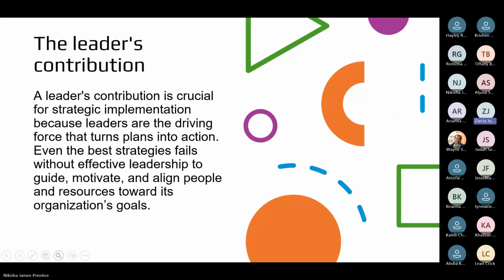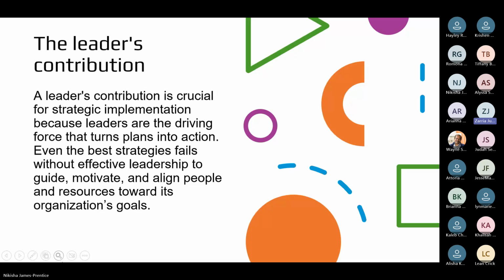The leader's contribution in strategy and strategic implementation is crucial, as leaders are the driving force behind setting direction, inspiring people, and ensuring strategies are executed effectively.